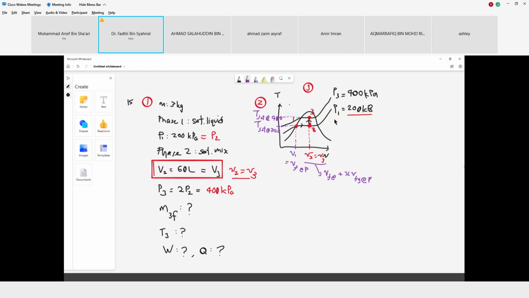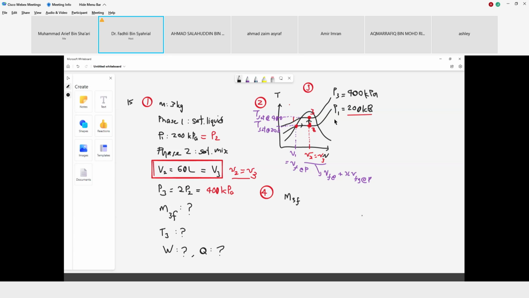So now next, let's try to answer question number 1. Step number 4, by using the equations, solve the problem. Okay, the first one, we need to find the mass of liquid at the final state, an amount of liquid at the final state.